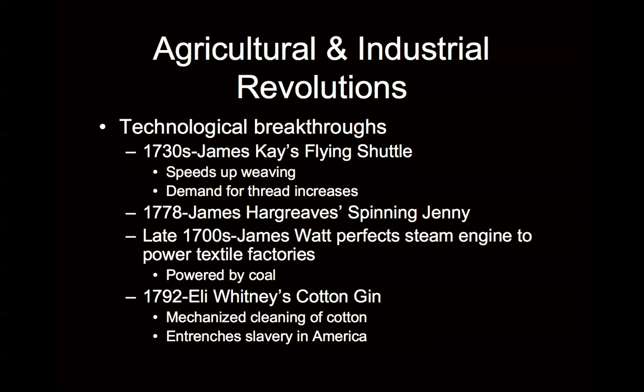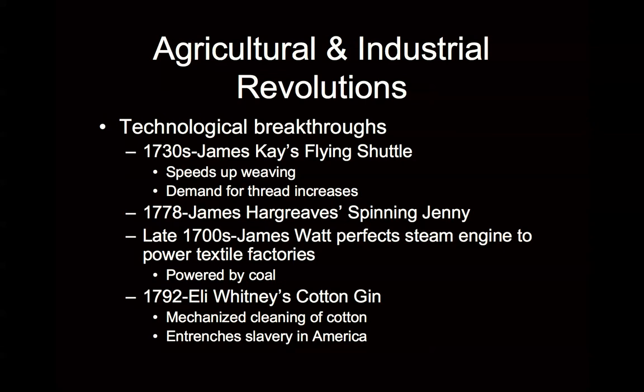In 1792, Eli Whitney invented the cotton gin in America. This mechanized the cleaning process of cotton, and this had to happen because you needed this clean cotton to be given to the spinners who would turn it into thread. The reason why Eli Whitney is so important is because once the cleaning of cotton was mechanized, the only thing that was left over was the picking of cotton, and this was done by hand.